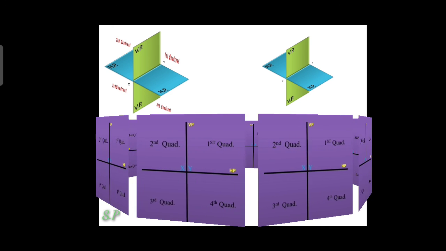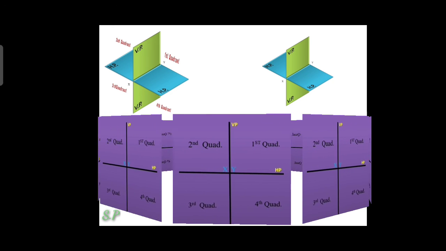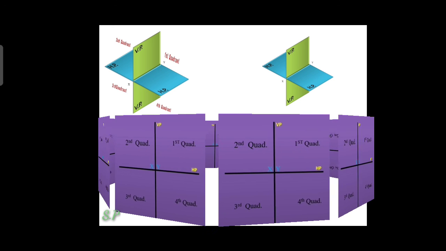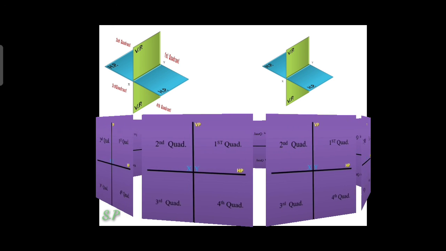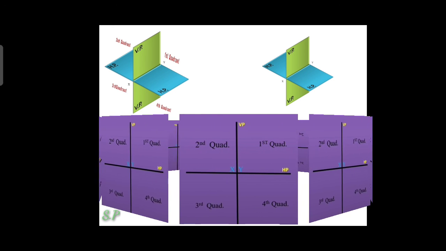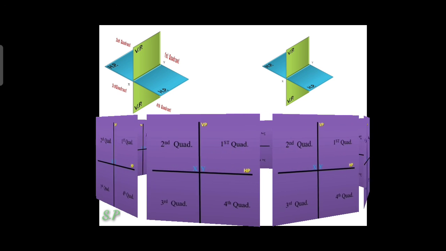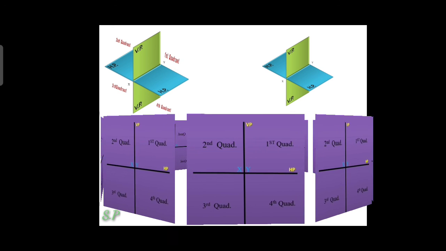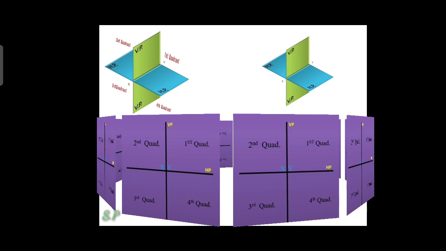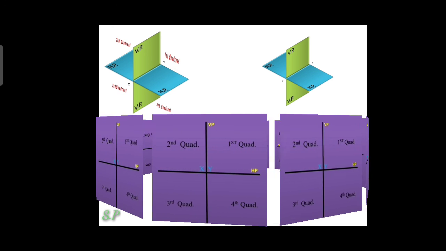If the point is behind VP, the top view point will be above the XY reference line. If the point is on the HP plane, the front view point will appear on the XY reference line. If the point is on the VP plane, the top view point will appear on the XY reference line.